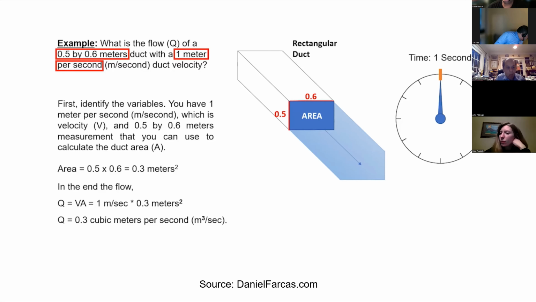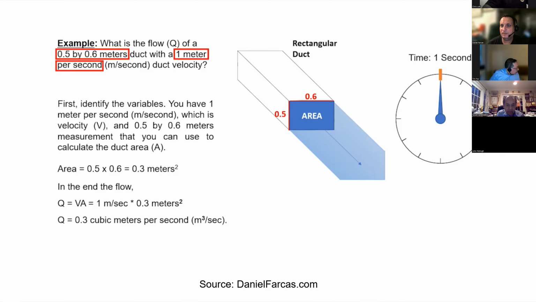The good part about the metric system is it's all tens. But with the imperial system, if you have feet, yards, ounces, you have to get your mind into that one. So that's the biggest difference.